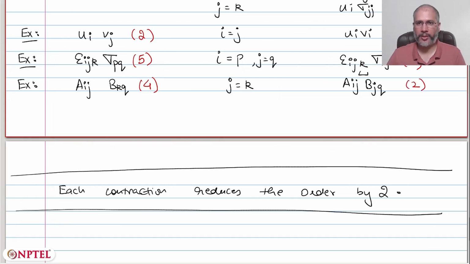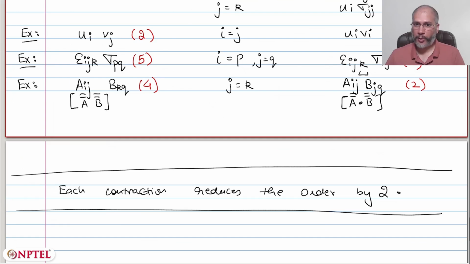So one contraction resulted in the reduction of the order by 2. And what exactly are these in the symbolic notation? Well, the left hand side is simply the outer product of A and B, which is written as AB, whereas what you see on the right hand side is the single dot between A and B.